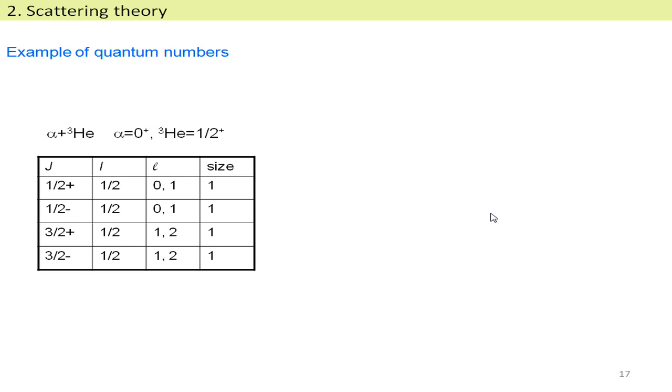And in each case, the same, 0 or 1, 1 and 2. But then the parity selection rule tells you that here, because we have parity plus, L must be even. So L equal 1 is forbidden. Here L equals 0 is forbidden, and so on. So in all cases here, you have a scattering matrix which has a size 1 by 1.